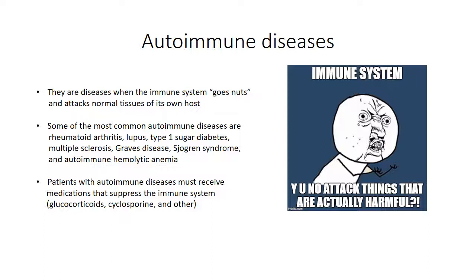Lupus manifests as skin rashes, and why is it called lupus? Because it causes this butterfly-shaped skin rash around the nostrils. Some people in old times saw some similarity between the face of a woman ill with this disease and the face of a wolf.